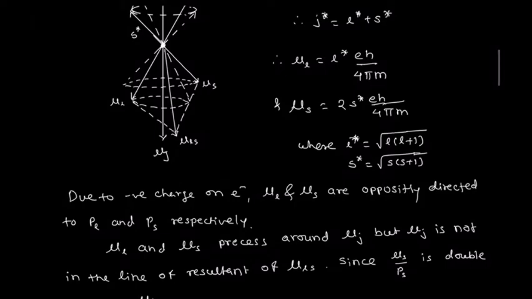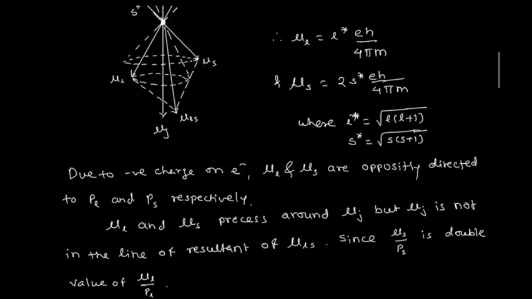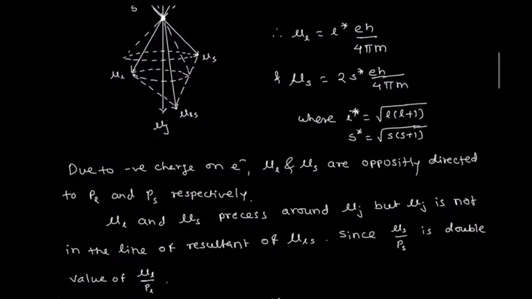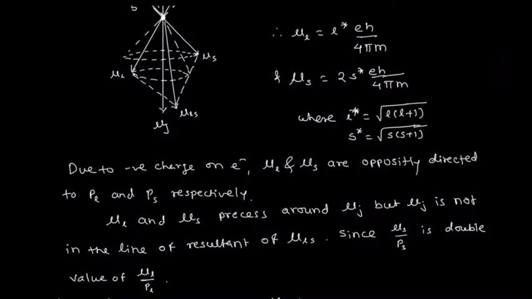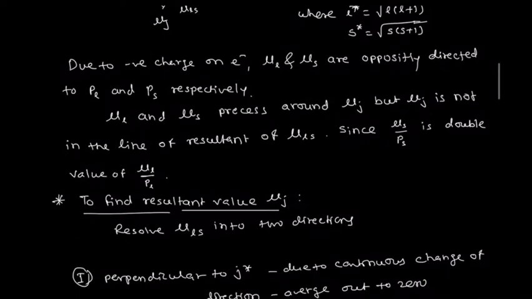Due to that inequality of the two ratios, the total magnetic moment mu LS is not exactly antiparallel to the resulting vector J star. If it is not exactly antiparallel, then it is necessary to find the resulting value of this mu J. That term we have to find first.